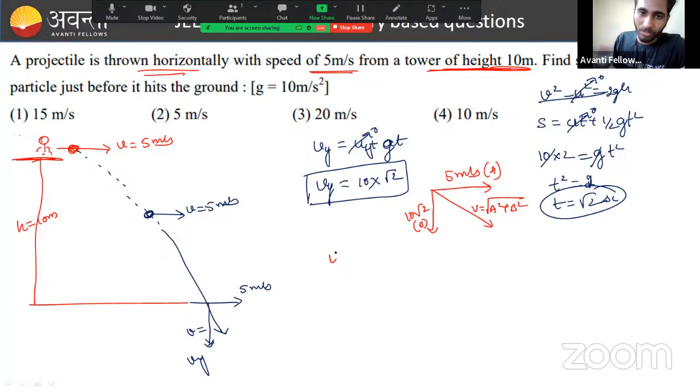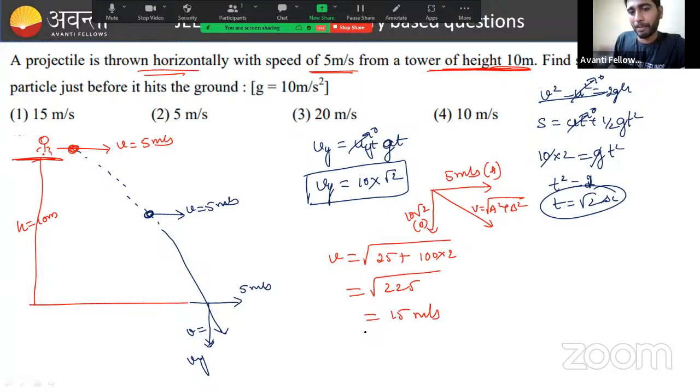Now net velocity is under root of 25 plus 10 square, means 100, into root 2 square, means 2. Hence it will be equals to 200 plus 25, means 225. Root 225 value will be 15 meter per second. It is the final velocity. Means option 1.